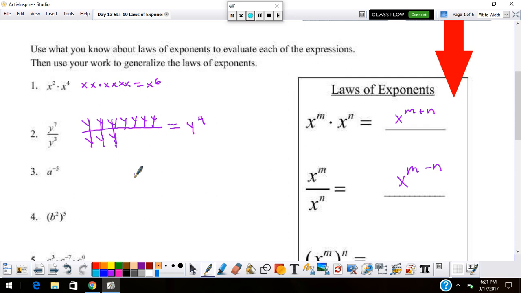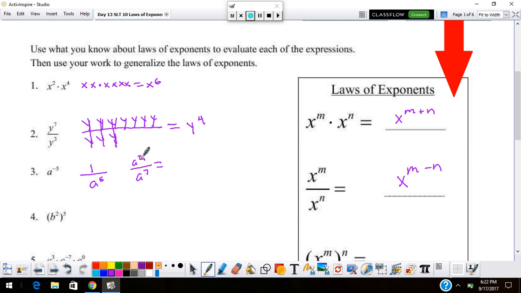Alright, now number 3, I do not need handy assistant for. The negative exponent just means it's 1 over a to the fifth. Let's just imagine for a second if we had a squared divided by a to the seventh, and again I cannot use handy assistant for this because she has not learned about negative numbers yet.